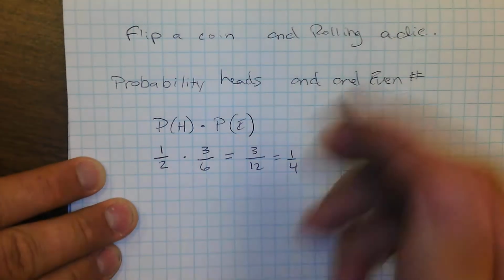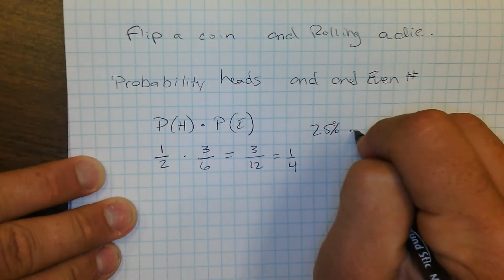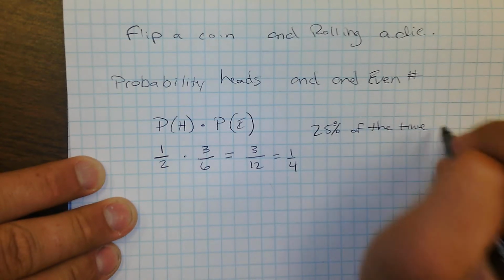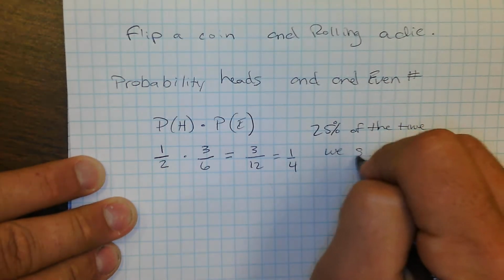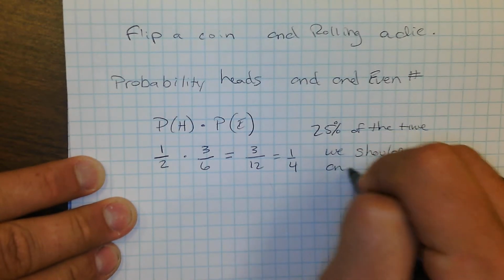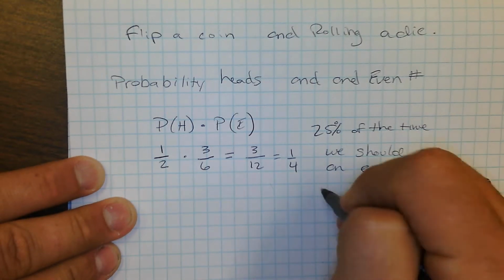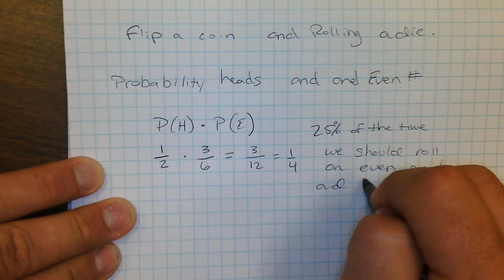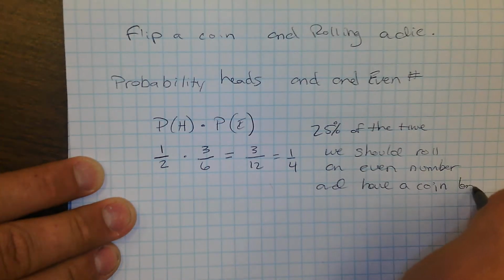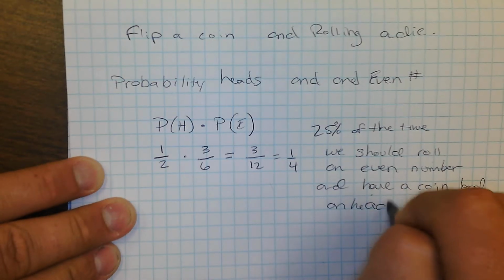Okay, so 25% of the time we should roll an even number and have a coin land on heads.